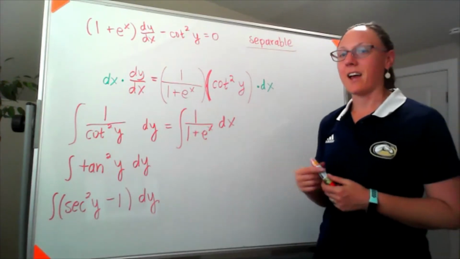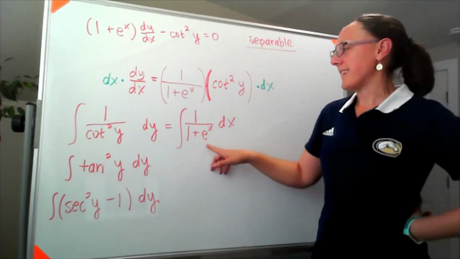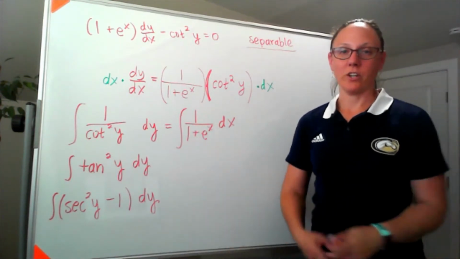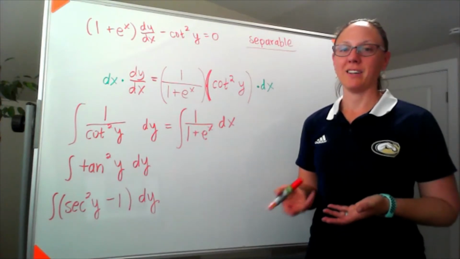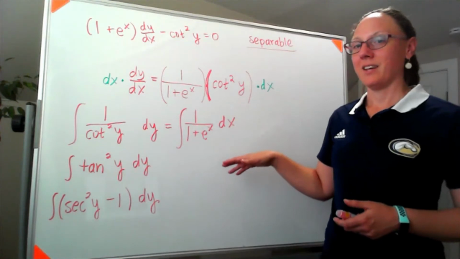On the right-hand side, we have a different kind of trick that we want to play. Sure would be nice if this was a u substitution. But 1 plus e to the x, if I were to set that equal to u, the derivative would be e to the x. So I'm missing an e to the x in the problem.